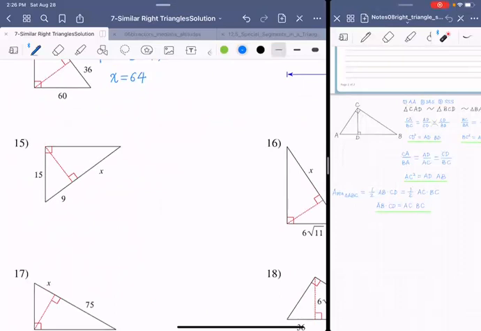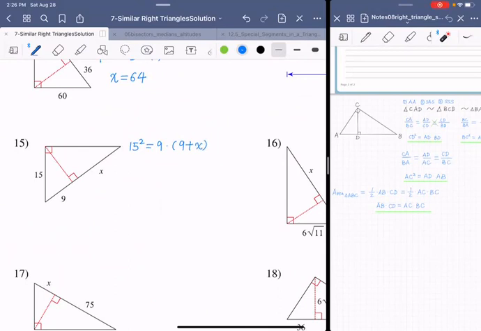Debbie, number 15. 15 squared equals 9 times, wait, no, 9 times x plus 9.